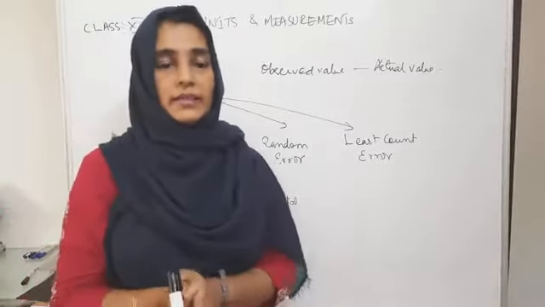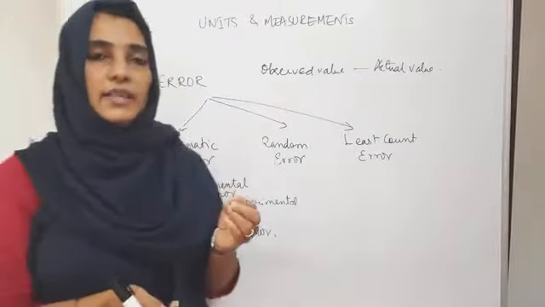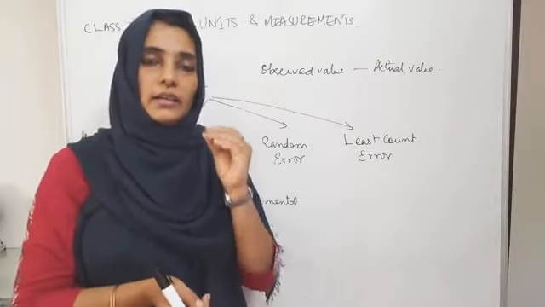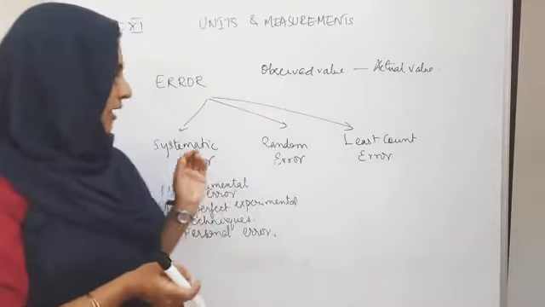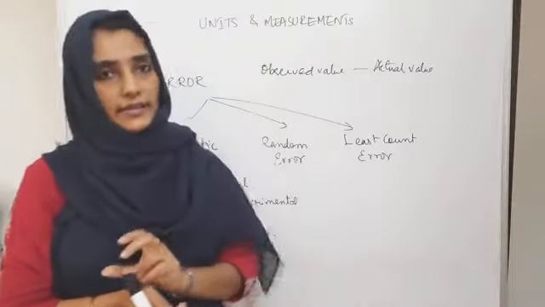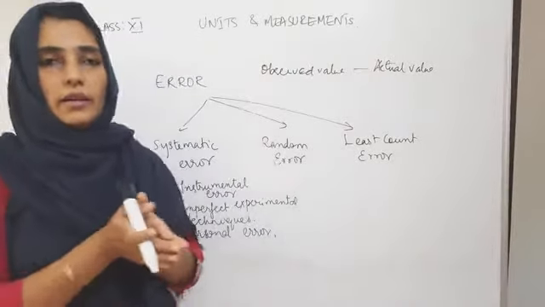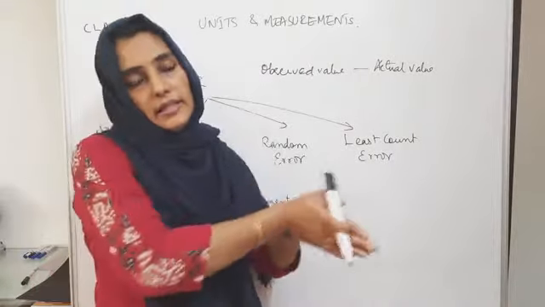I'll make it a little bit more clear for you. Systematic errors can be either positive or negative, but in one kind of observation, if it is positive, the other is not negative. It can happen in one direction only.